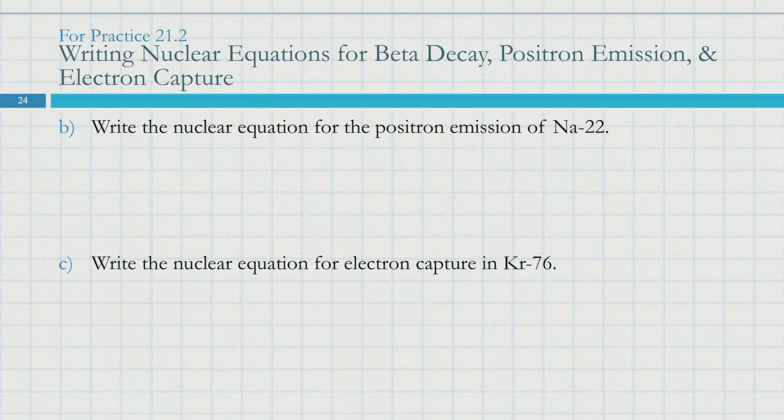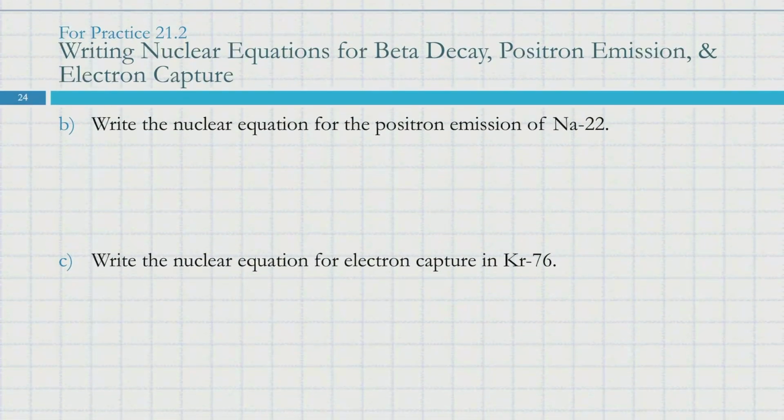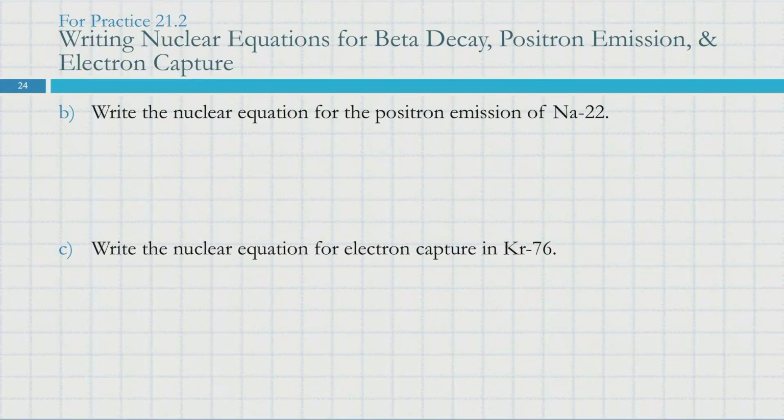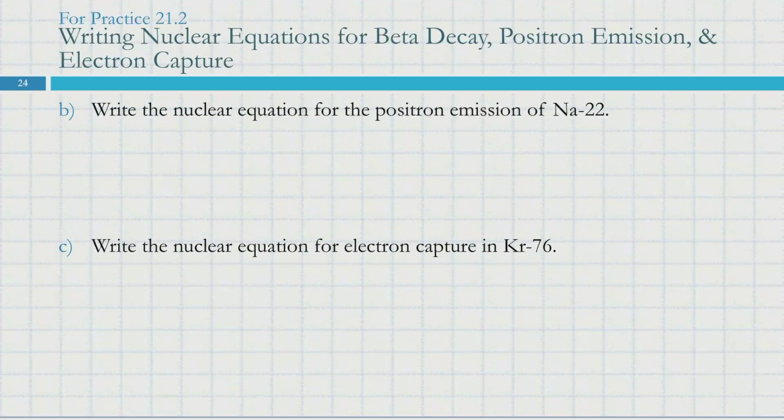All right, we can practice for positron emission and electron capture as well. So write a nuclear equation for positron emission of sodium-22 and electron capture of krypton-76. All right, so we can start off with our positron emission. The positron is the antiparticle of the electron.